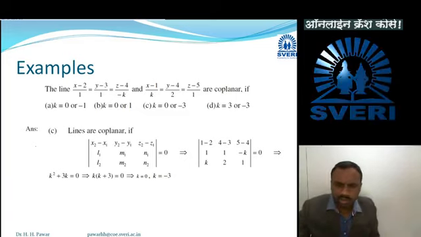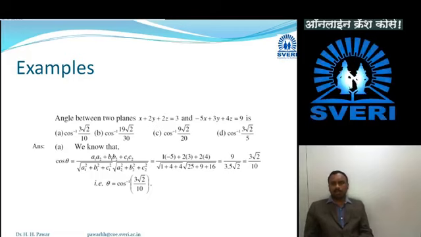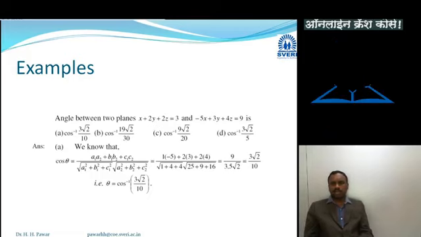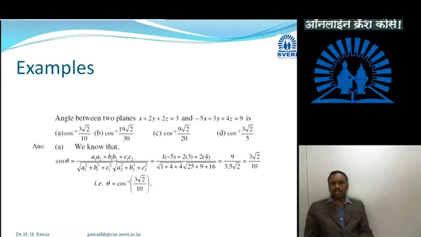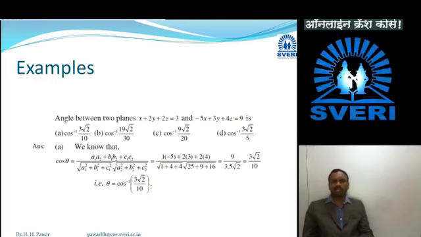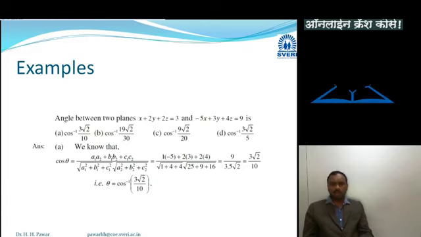Next one, the angle between two planes x plus 2y plus 2z equal to 3 and minus 5x plus 3y plus 4z equal to 9 is: first option is cos inverse 3 root 2 divided by 10, second one is cos inverse 19 root 2 upon 13, third one is cos inverse 9 root 2 upon 20 and fourth one is cos inverse 3 root 2 upon 5.